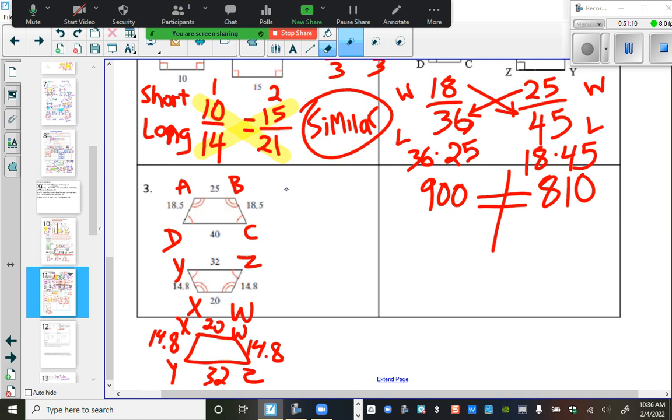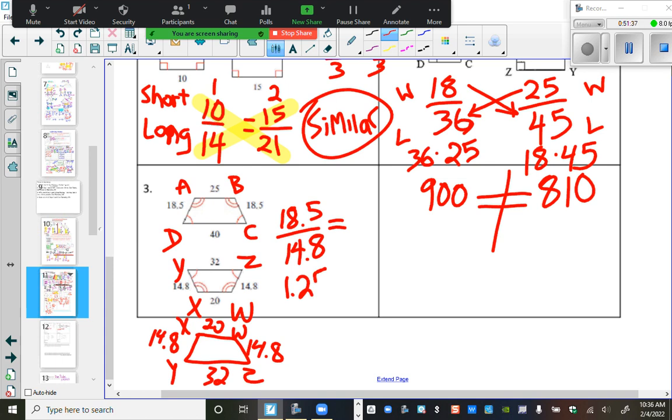I said 18.5 over 14.8, you can do that. I don't want to take away from what you did. You did right. 18.5 matches with the 14.8 on the bottom. You said something that was 100% correct. That would be 5.25. If you simplify, you get 1.25. All right, I'm good with that.